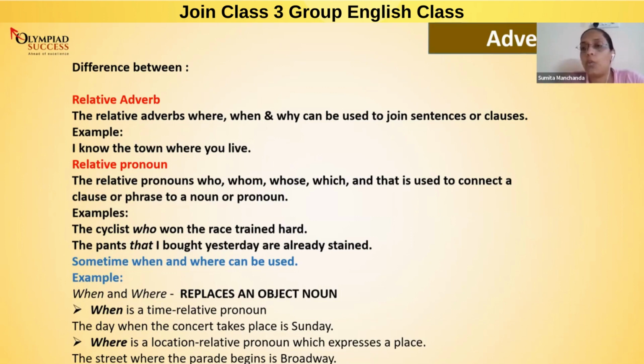Immediately after the noun, the relative pronoun word has been used. Same way, when and where, if used in a sentence immediately after a noun or pronoun, and if that sentence is talking about the noun or pronoun, then it is taken as a relative pronoun.